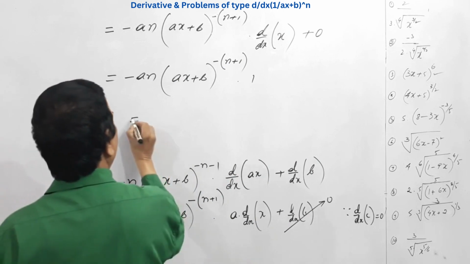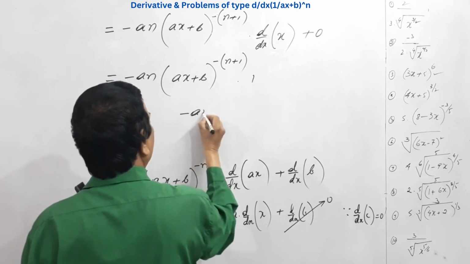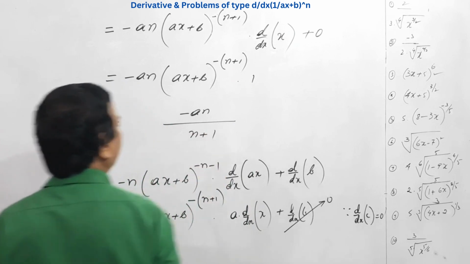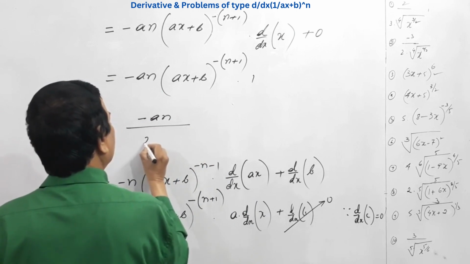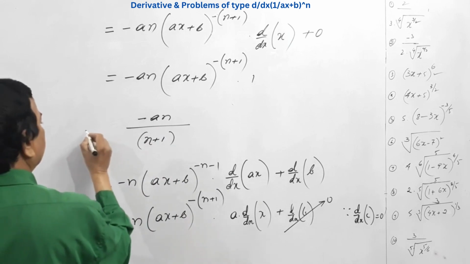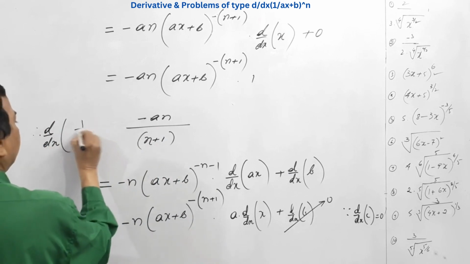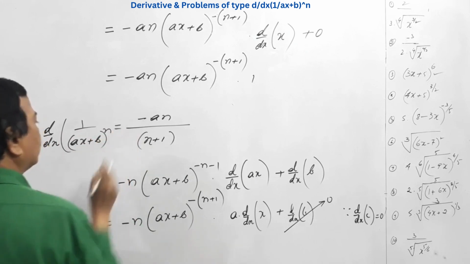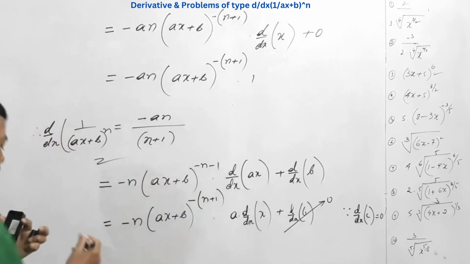So this is equals to minus an by, I bring it down, so this becomes n plus 1. Minus an by ax plus b to the power of n plus 1. Therefore d by dx of 1 by ax plus b to the power of n equals this value. This is the required answer.